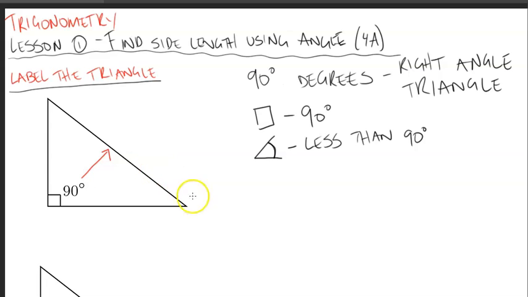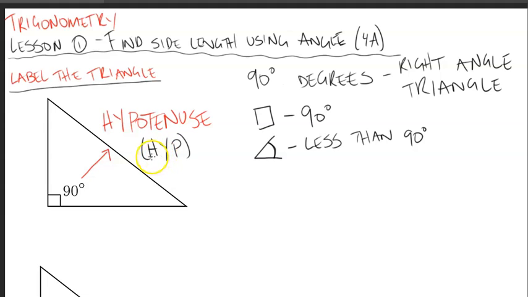And this line, one of the main characteristics of it is that it is completely opposite the 90-degree angle. It sits directly opposite it. So this right here is called the hypotenuse. Hypotenuse. Now, very Latin sounding word, very fancy word. The hypotenuse is just the line opposite the 90-degree angle, and we give it a HYP for short as its little acronym.